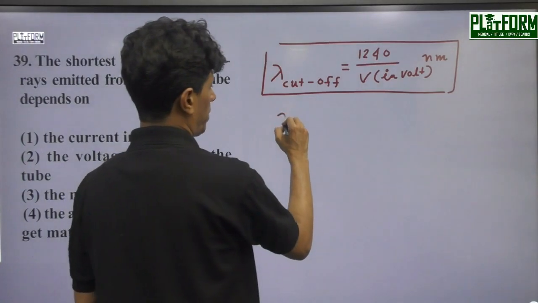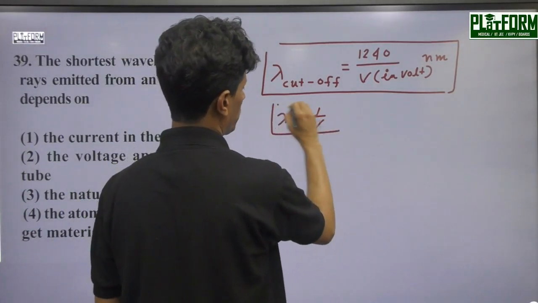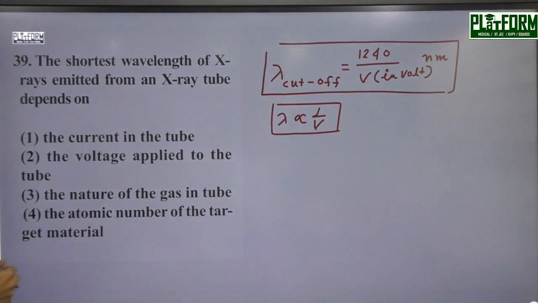So lambda is inversely proportional to the voltage applied across the Coolidge tube. You just go through the options. The current in the tube is not the right option. The voltage applied to the tube, this is the right option here.